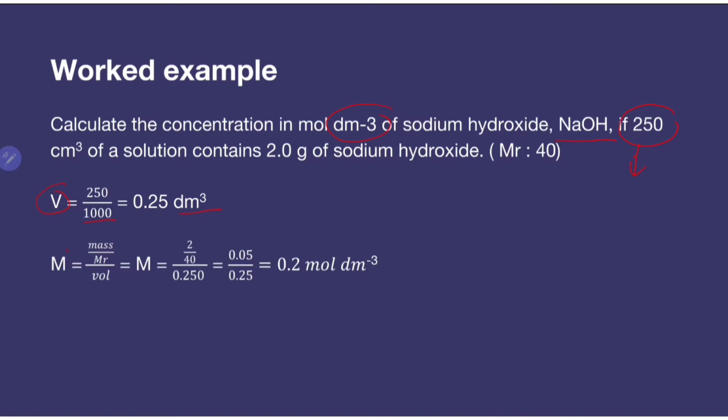Then the molarity is mass over Mr. The mass is 2, then Mr is 40. So this is the mole. The mole is 0.05 divided by the volume in dm cube, 0.25. So the concentration is 0.2 mole per dm cube.